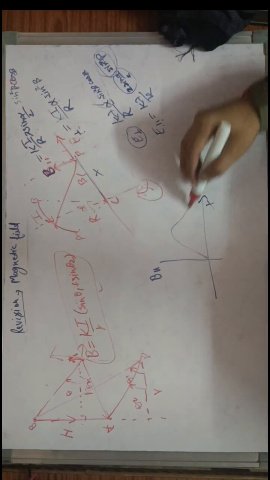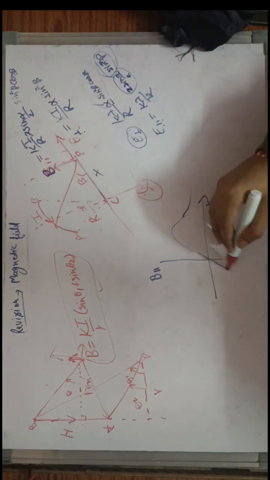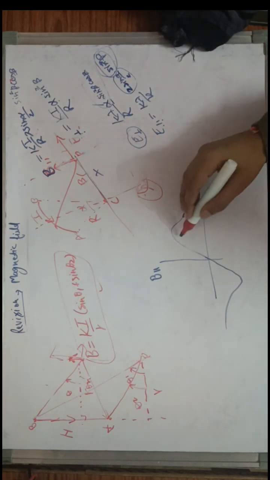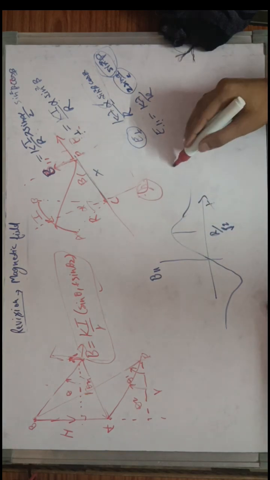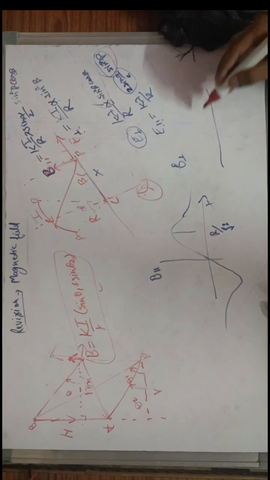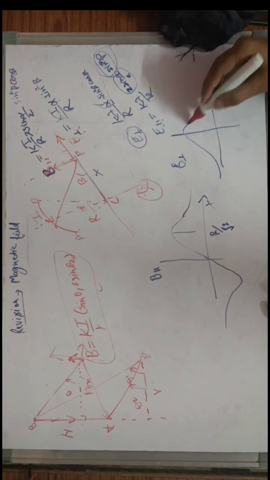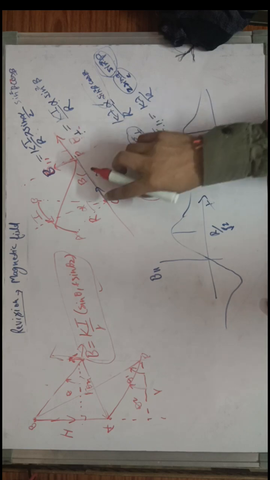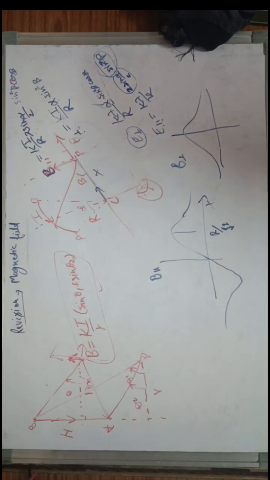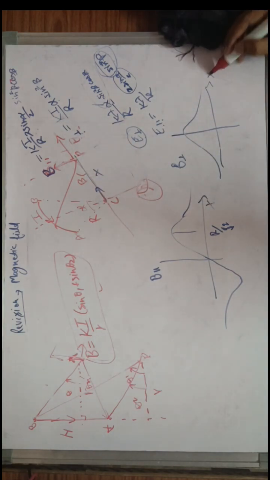So this graph will look like this, where the max value occurs at r by root 2 point. While in case of B perpendicular, the graph will look like this, where the magnetic field of B perpendicular is maximum at the center point. This is x distance.